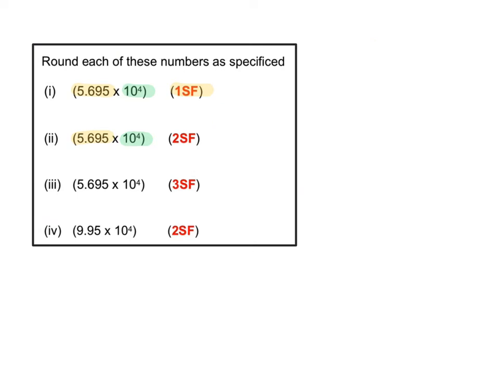Part 3, we've got the same number, 5.695 times 10 to the 4, but this time it's 3 significant figures, so let's write it out. 5.695, and I need to identify the third significant figure. 5 would be the first, 6 is the second, and then 9 is the third. So it's this that's either going to stay the same or go up.